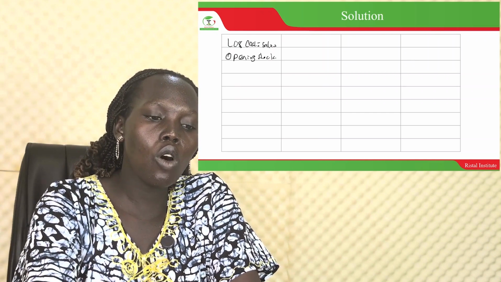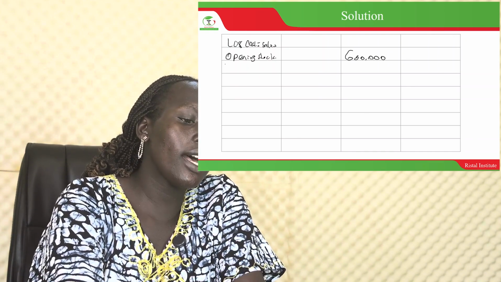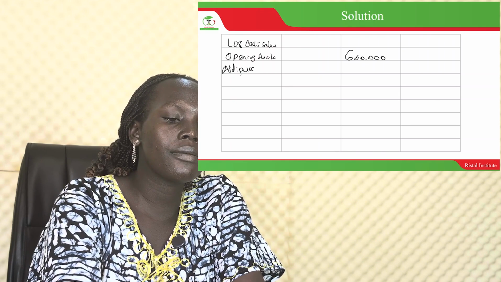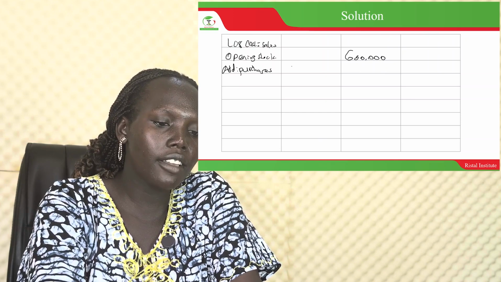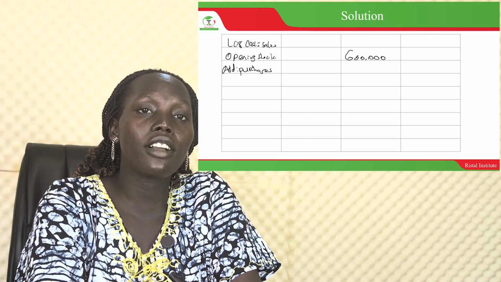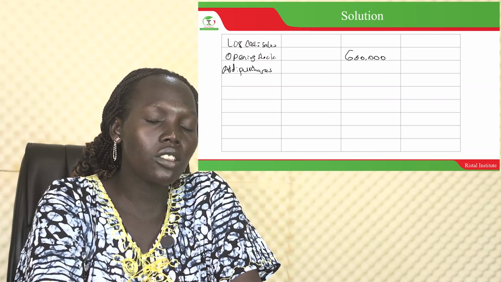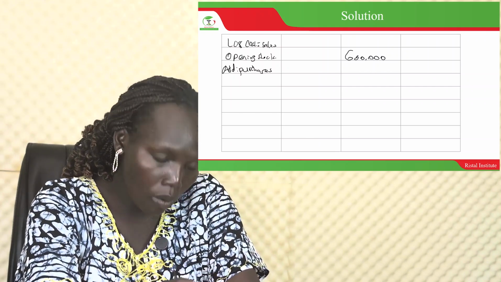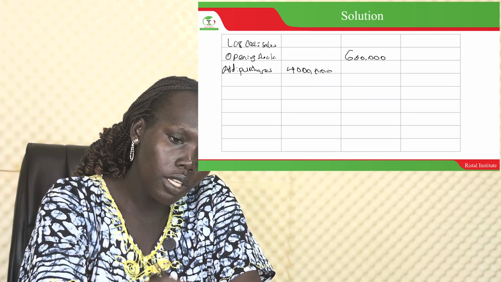Then you add purchases. The purchases they have given us, we are going to write here because we need to get our net purchases. They have given us purchase returns. The purchases were 4 million.